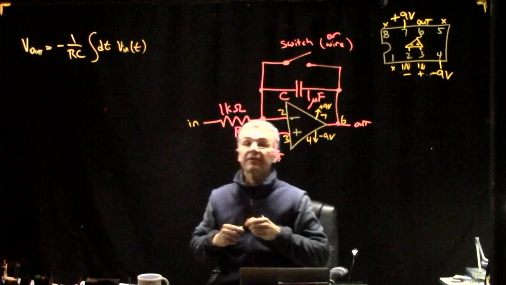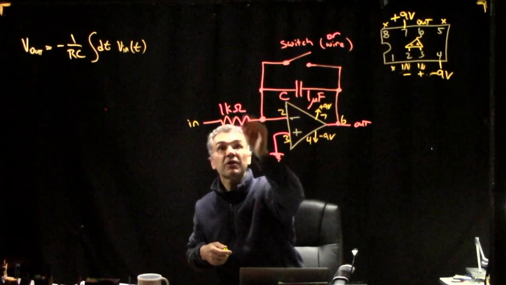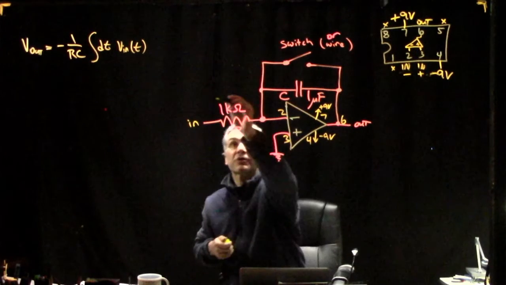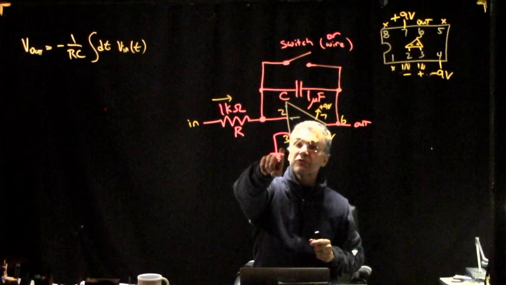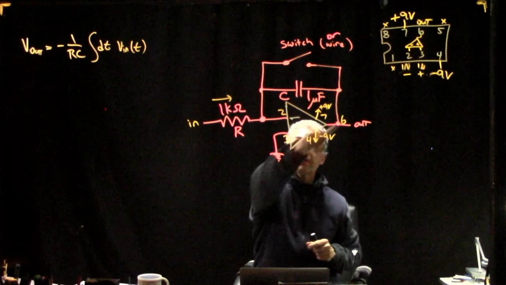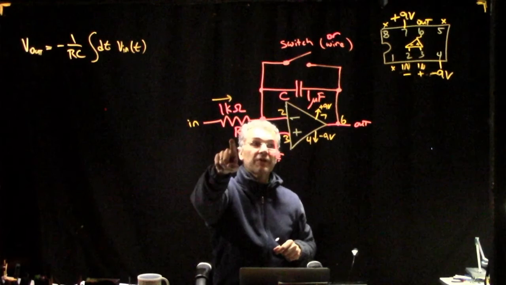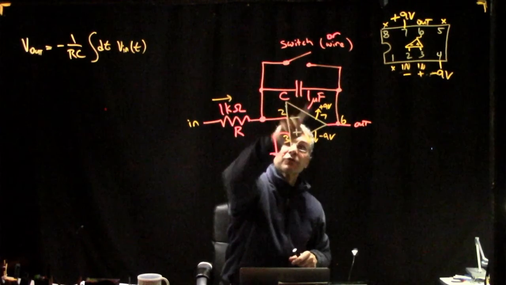Then you say, this current must be the current flowing to the right through this resistor R. If this is grounded, then the golden rules say feedback will try to keep this grounded. So this current is just V in divided by R. And then that same current flows through the capacitor.